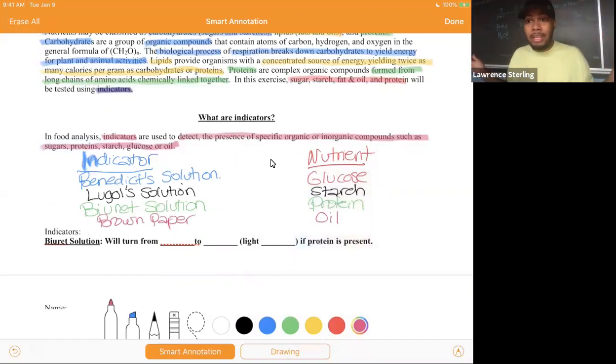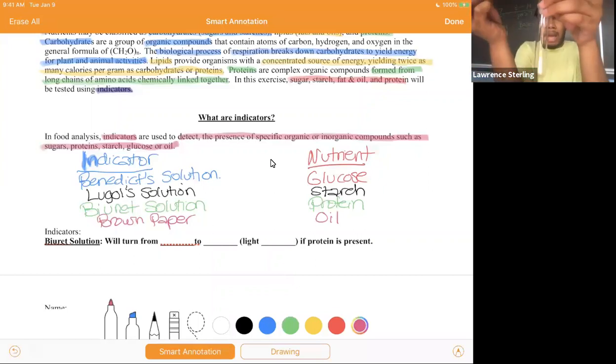So let's actually begin and see what this actually looks like, okay? So we're going to start with glucose and Benedict's solution. Now, I have a test tube here, and I have my Benedict solution. And I'm just going to put enough drops for me to actually see it, right?